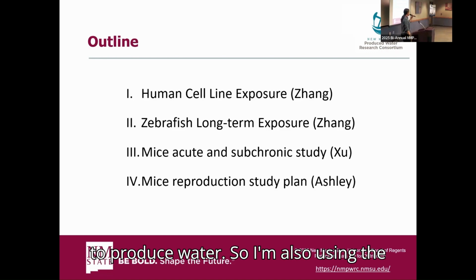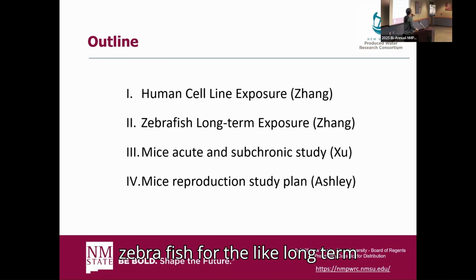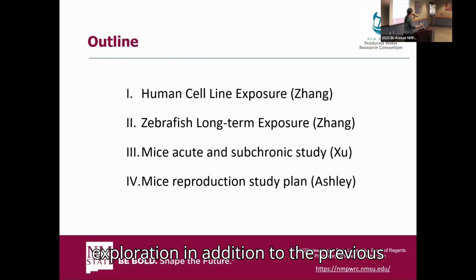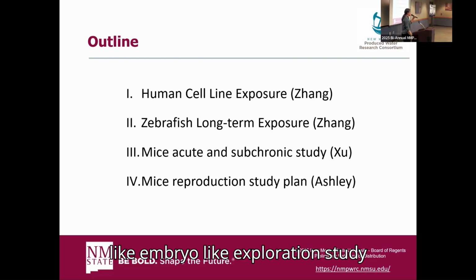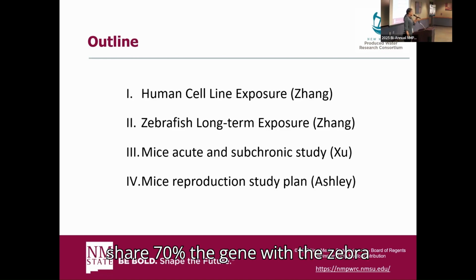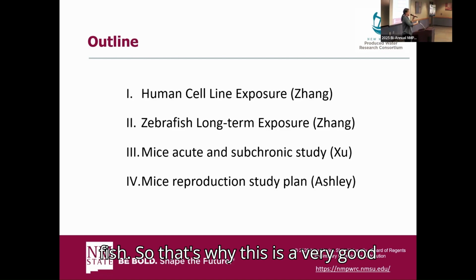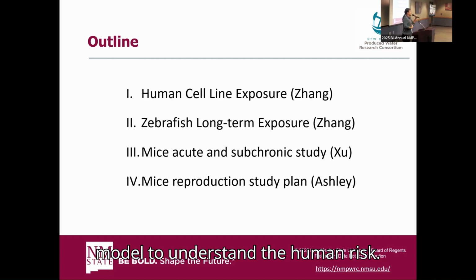I'm also using the zebrafish for the long-term experiment, in addition to the previous embryo study we did. We share 70% of genes with the zebrafish.